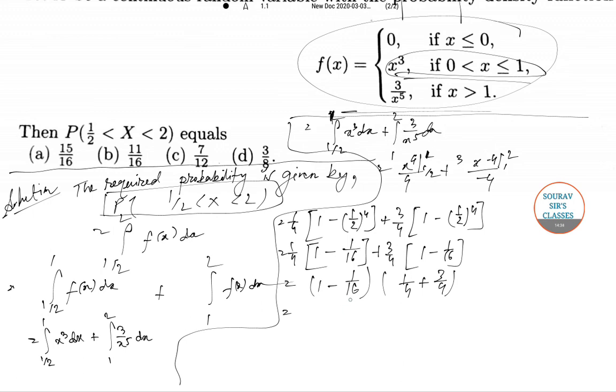And it is nothing but 16 minus 1, that is 15 by 16, into 1 plus 3 is 4, divided by 4, and 4 cancels out, and we get 15 by 16 as the answer. So our right answer is the A option.